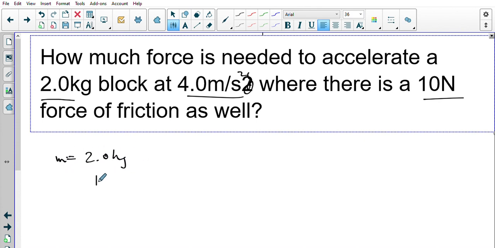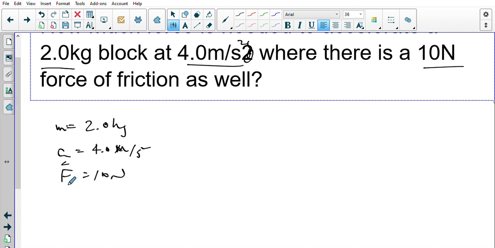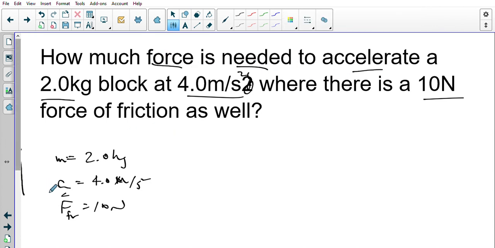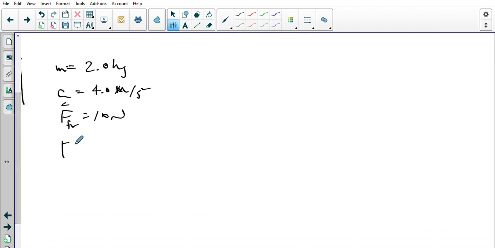We have this 4.0 meters per second squared. That's an acceleration. And then we have this 10 newtons. That's a force. Hold on, what's going on? What's our question? Well, this is a force of friction. And we're saying how much force is needed to accelerate. So we're still looking for a net force.